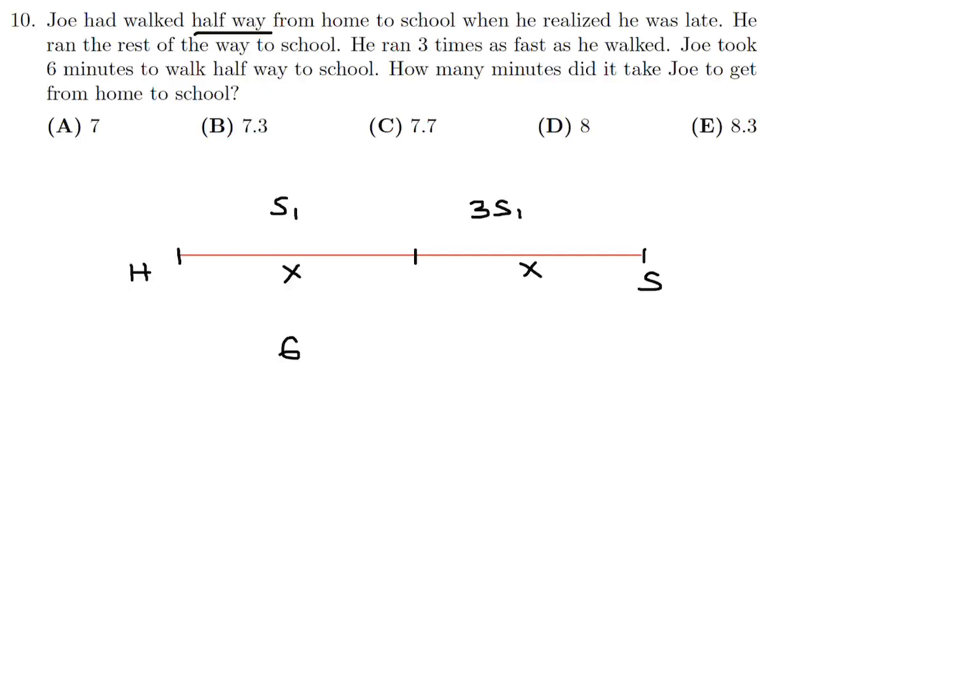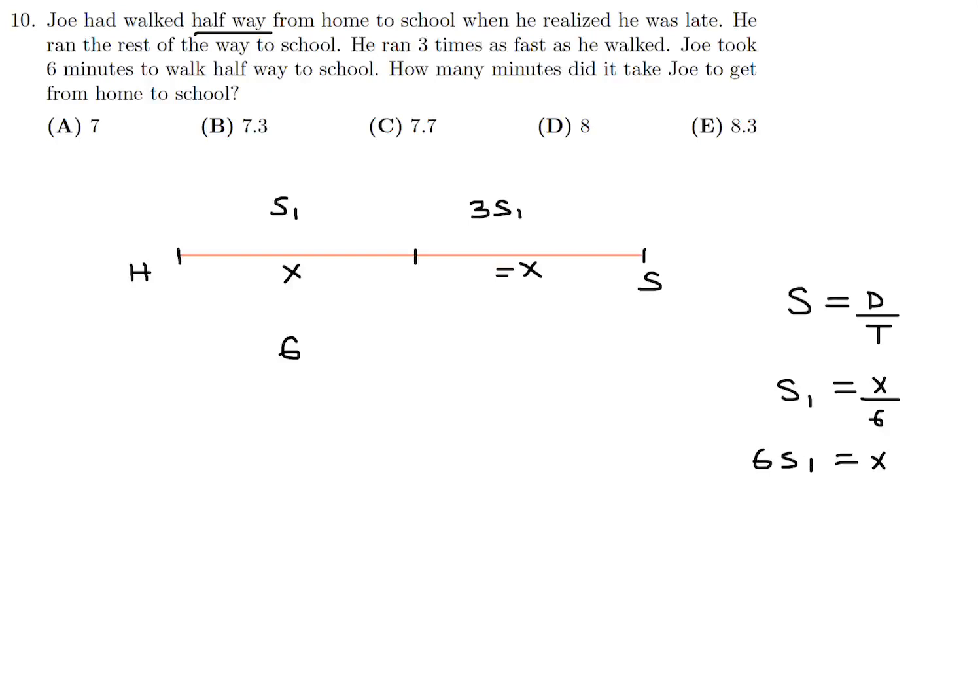So basically, we've got that formula, speed is equal to distance over time, correct? So we've got all 3 in this situation. Our speed is S1, our distance is X, and our time is 6. So that means X is equal to 6S1.